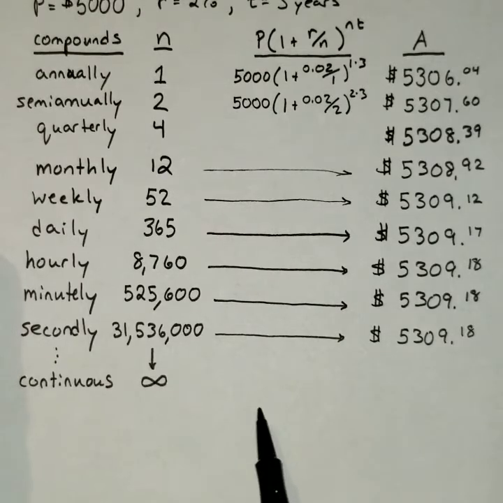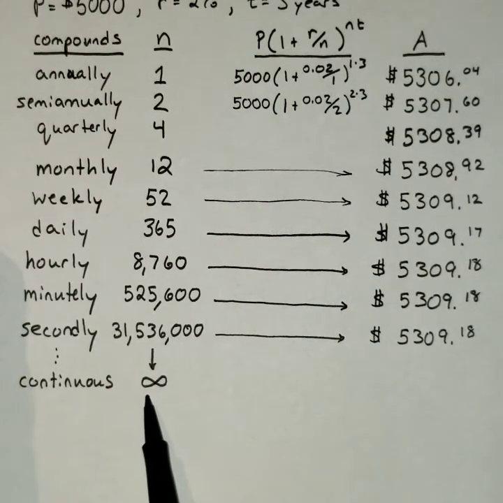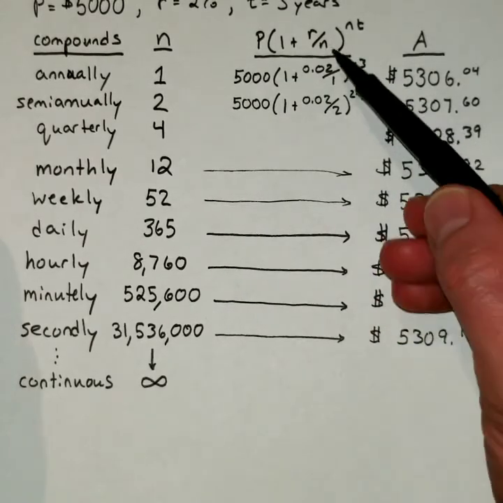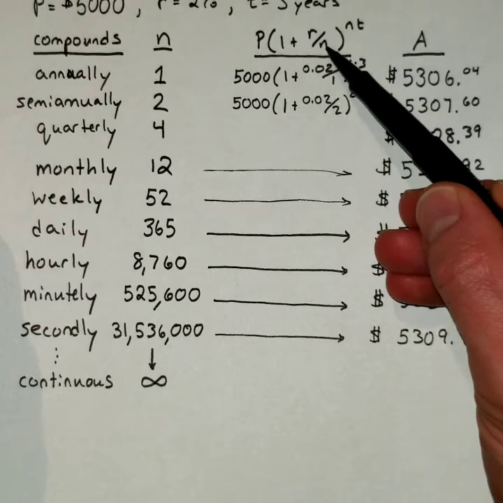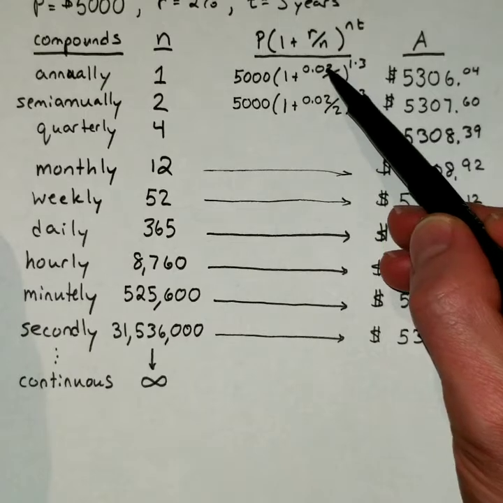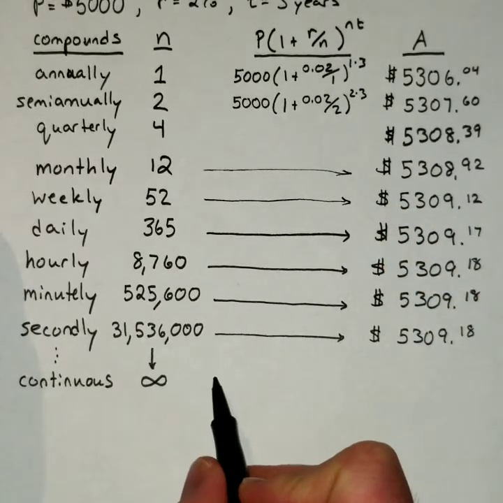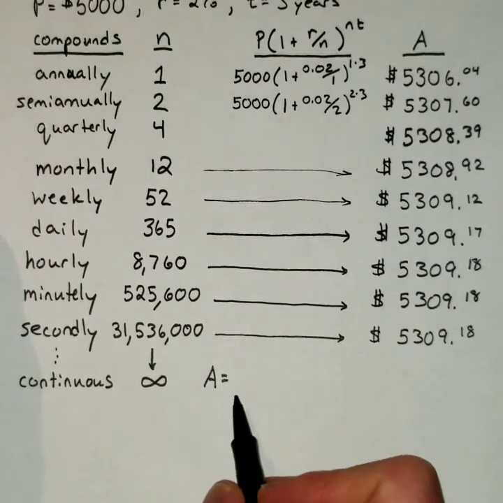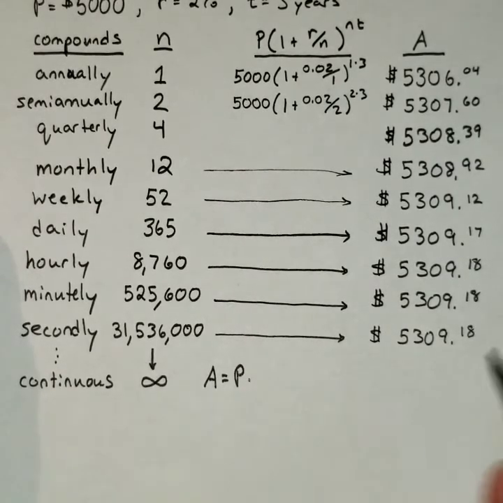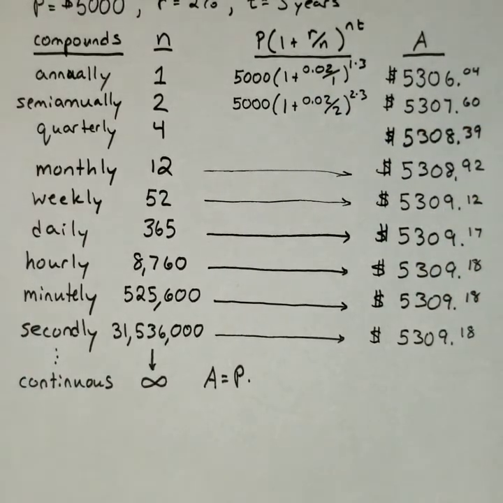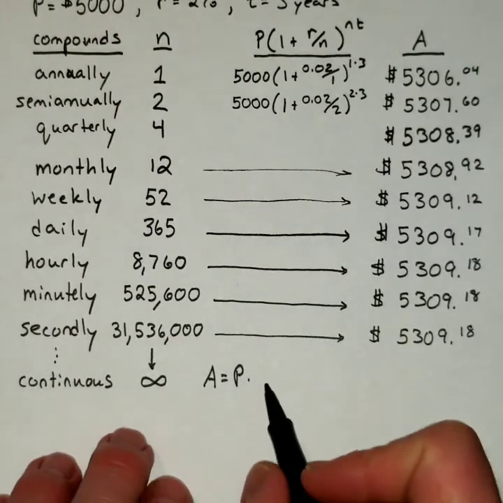And so there is a formula for this, continuous compounding, and you have to do a little bit of calculus to do that, but you're essentially finding the horizontal asymptote to this original function. And what you end up with is a new formula where A is equal to the principal times, now instead of this weird base, the new formula is going to have a base of e.